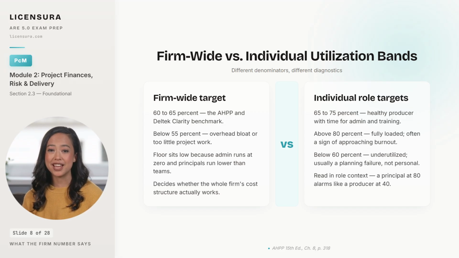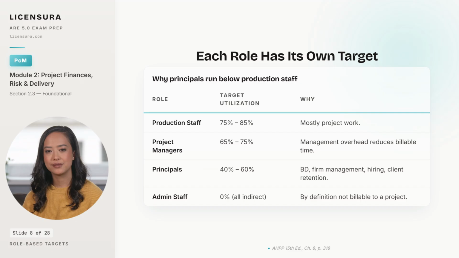Below 60% at the individual level usually means there isn't enough project work to fill the role, which is a planning failure, not an employee failure. The reason the firm-wide number sits lower than the individual ranges is that different roles have very different targets. Different roles have different appropriate utilization targets, and lumping them together is what produces misleading firm averages.